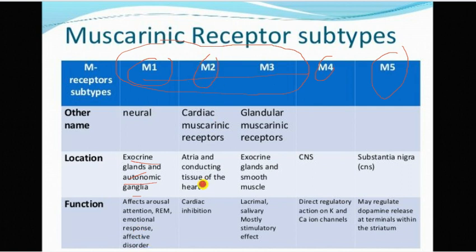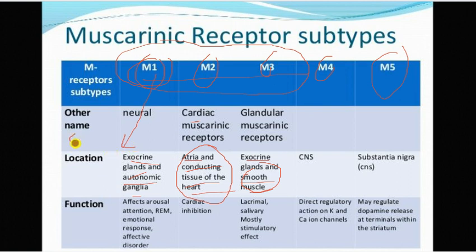M2 receptors are located in the atria and conducting tissue of the heart. M2 is mostly seen in the heart. M3 is in exocrine glands, smooth muscle of the intestine, and smooth muscle of the trachea. M1 is located in the stomach.